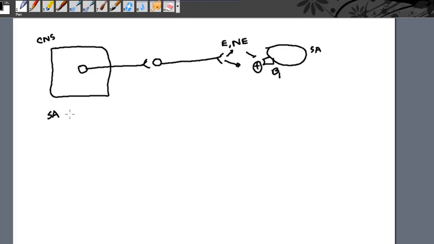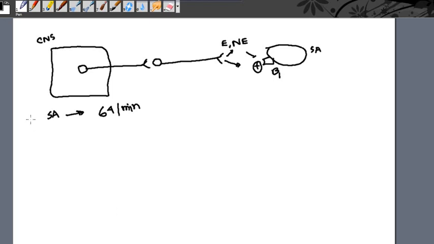Suppose the SA node undergoes spontaneous depolarization 64 times per minute, right? So 64 times in a minute the SA node undergoes spontaneous depolarization, let's suppose.